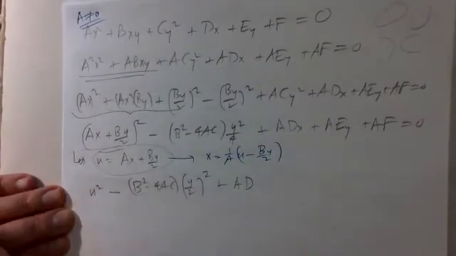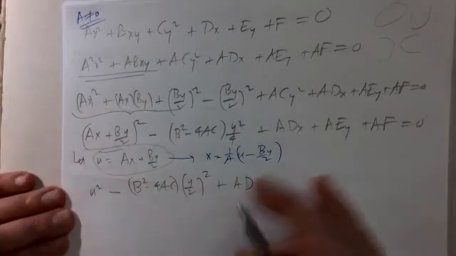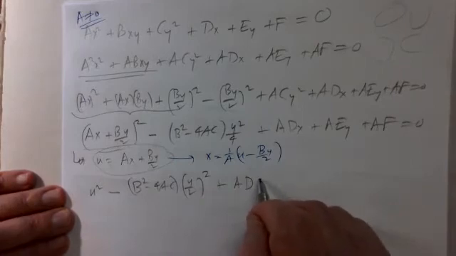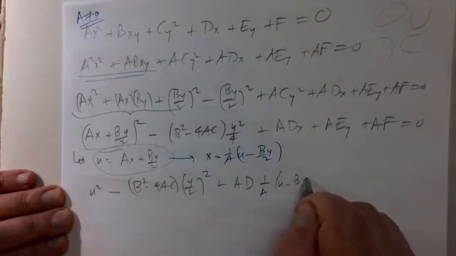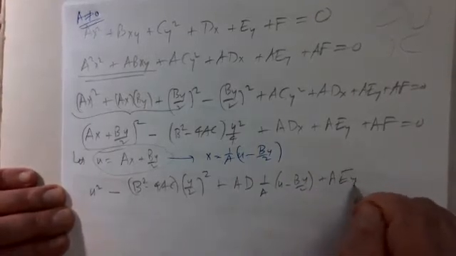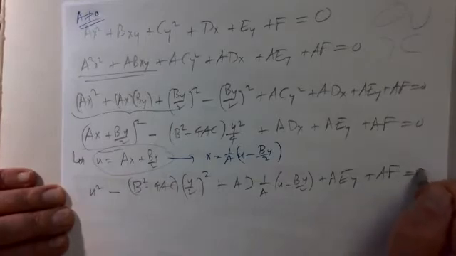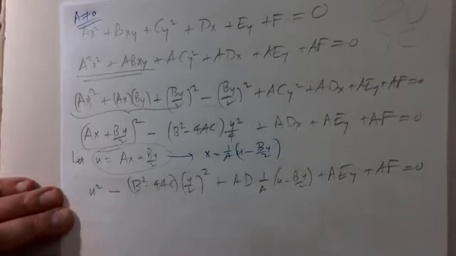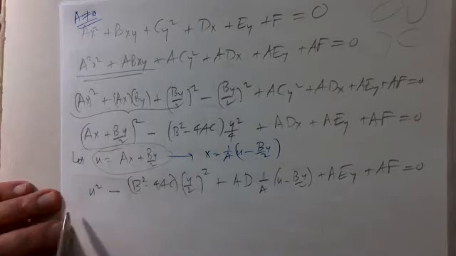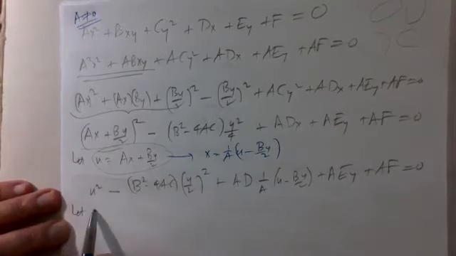Okay. So here I have adx. x is the same as 1 over a, u minus by over 2, plus aey plus af equals 0. Let's see, I hope I did this little bit of algebra correctly. Suppose I let v be y over 2, just to make things a little bit easier.